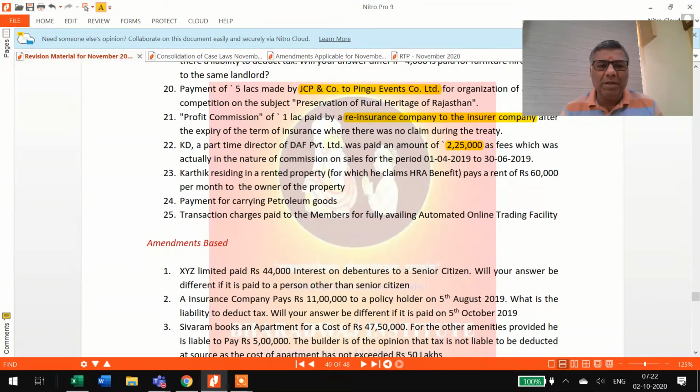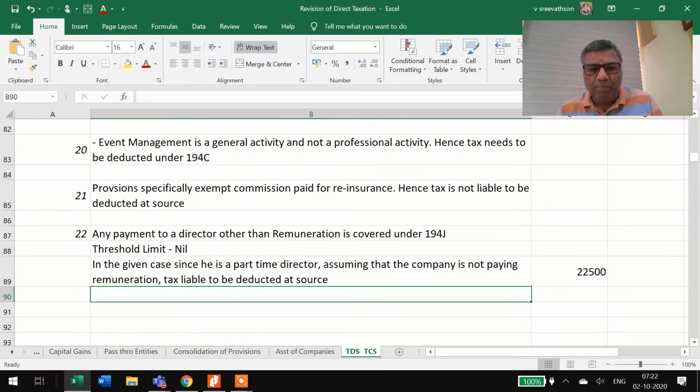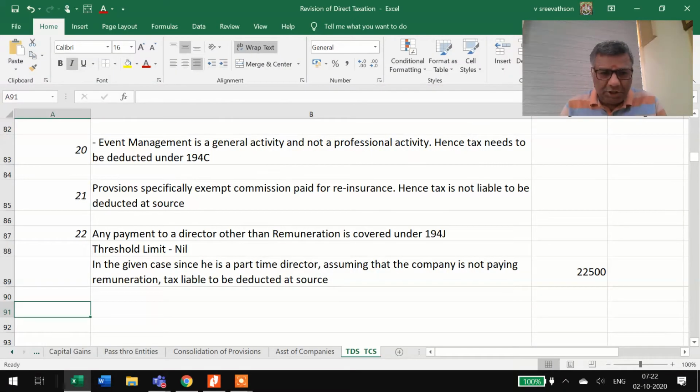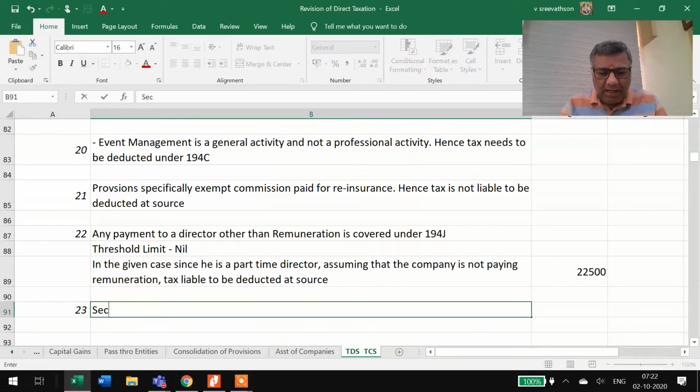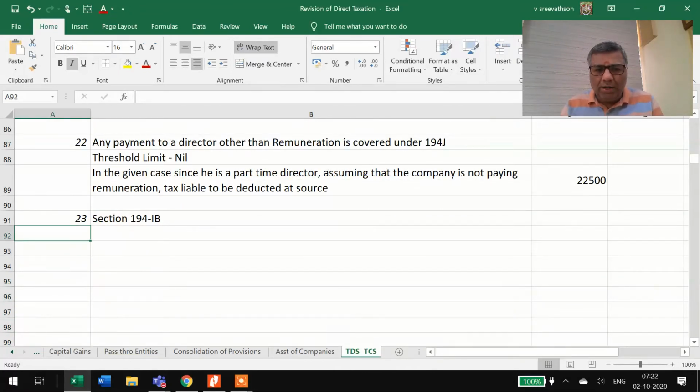It will come here. Karthik, the question our friend asked. Karthik residing in a rented property for which he claims HRA benefit pays a rent of 60,000 per month to the owner of property. This is coming under section 194IB.